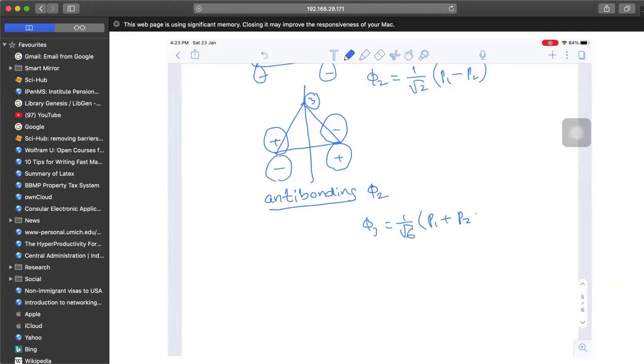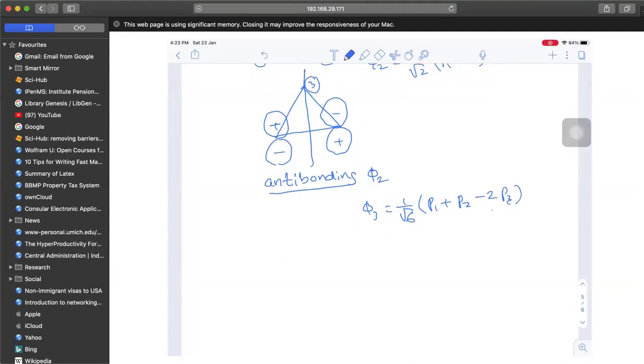If you look at this, P3 has a large contribution in comparison with P1 or P2, but it is occurring with a negative coefficient. So I will draw this molecular orbital in this fashion.